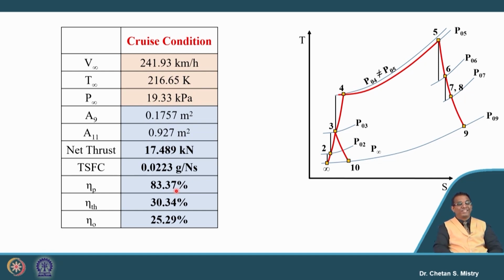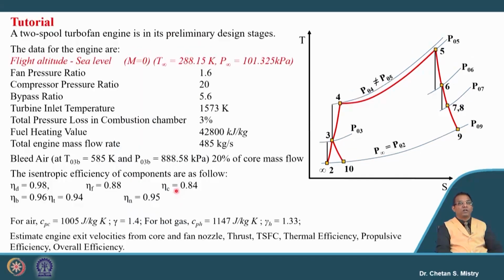So, let us try to understand, suppose I am doing my calculation at the ground condition. For that purpose, here I am giving you a numerical, which you need to solve the way in which we solved the last numerical.